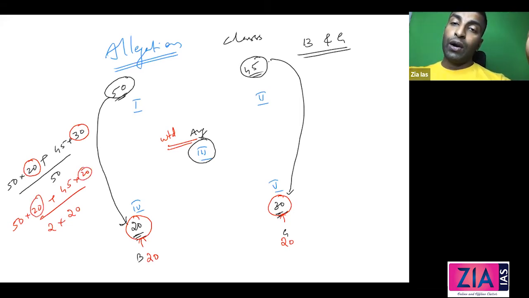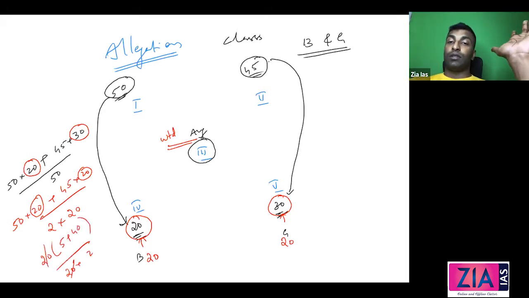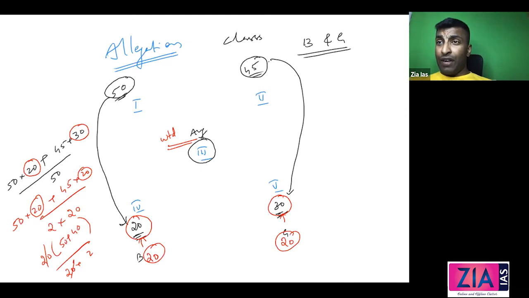So take 20 out, 50 plus 45 divided by 2 into 20, right? So this 20 got cancelled. So effectively, what I want to tell you is, if the numbers are same, when you're finding average with a group of people or whatever it is, you just need to take simple average.